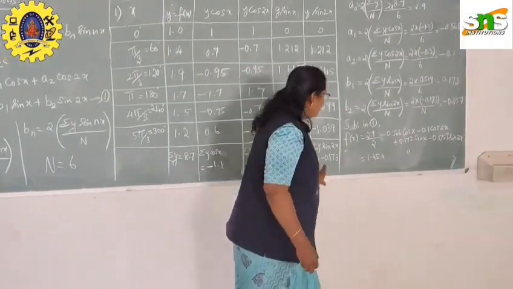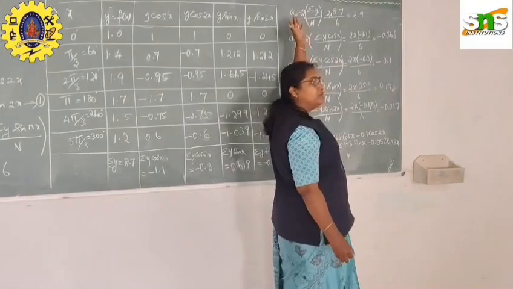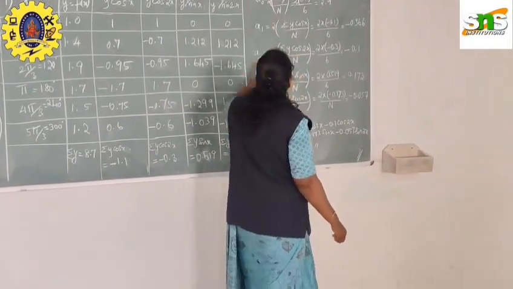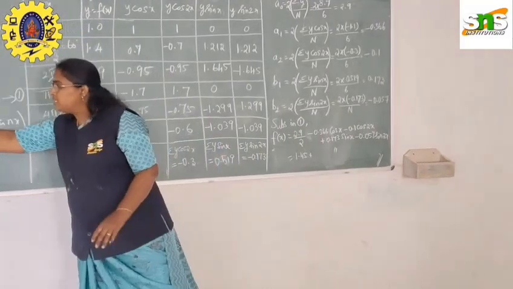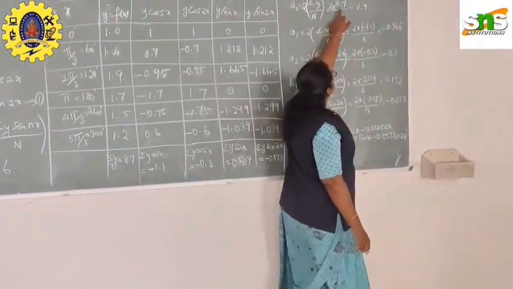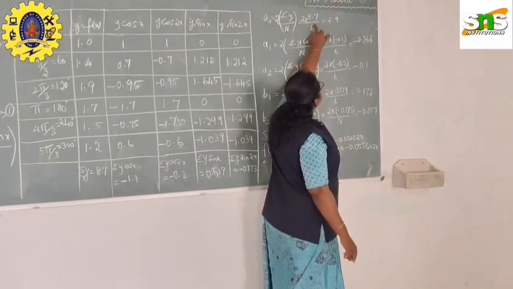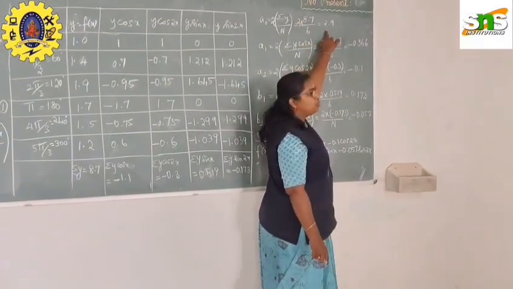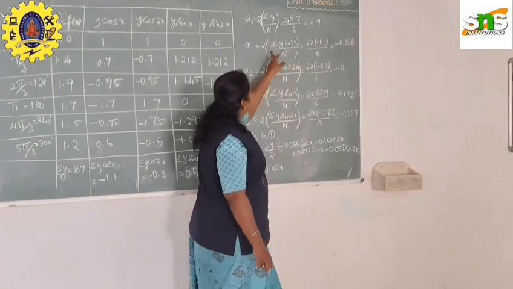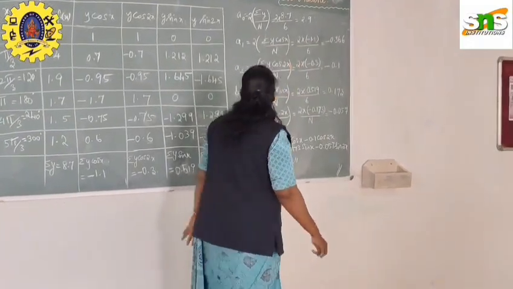After this, we move on to calculating each and every constant. First we calculate the a naught value. The formula is twice the summation y divided by n. So the summation y value is 2 into 8.7 divided by 6, and the value we got is 2.9. And then the a1 value formula is twice the summation y cos x divided by n.